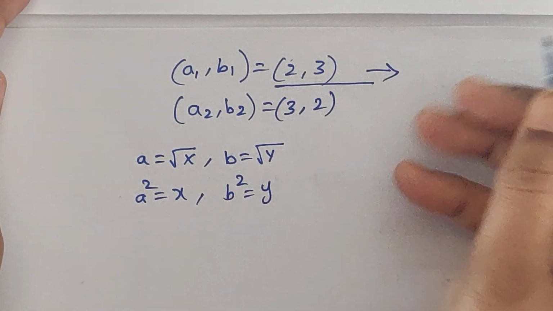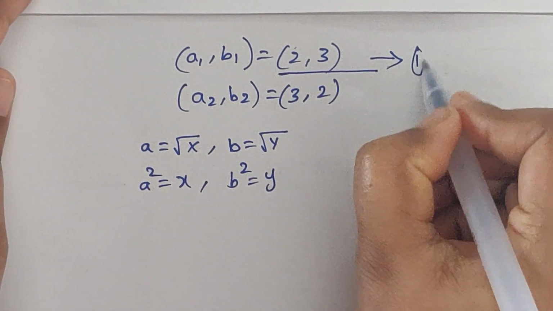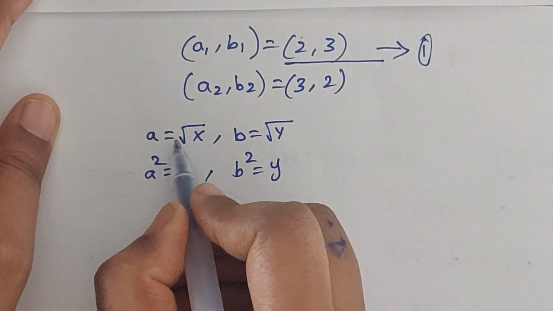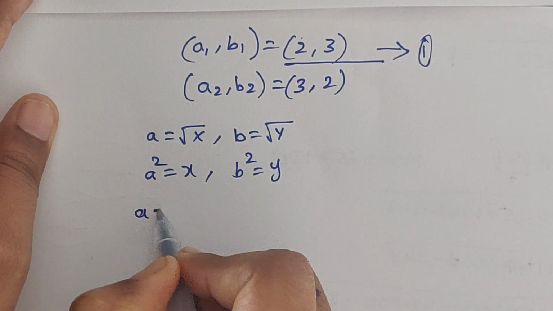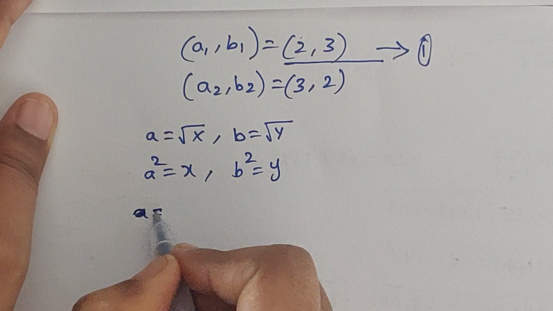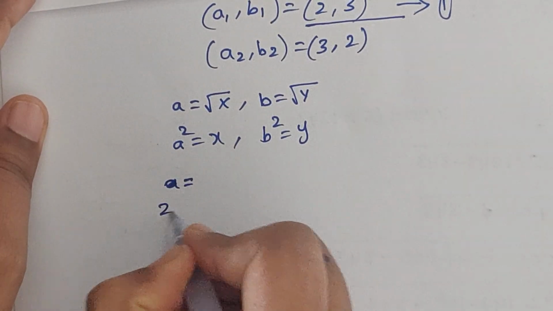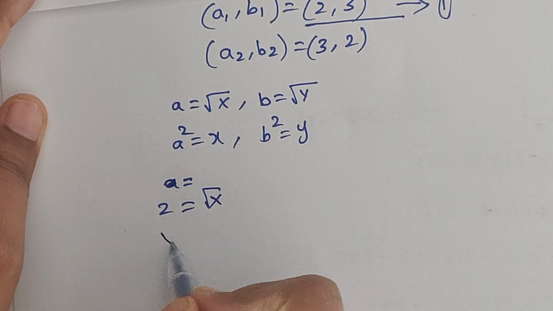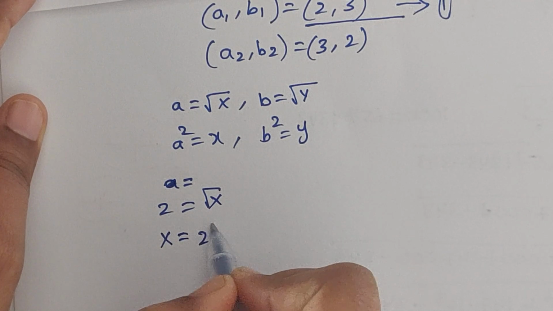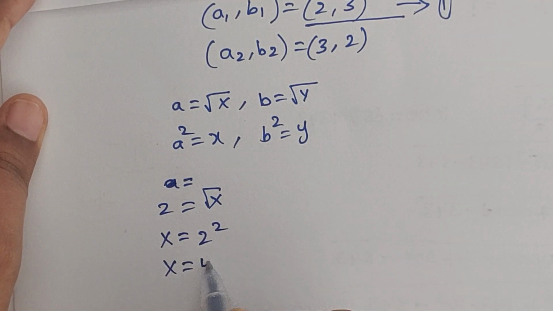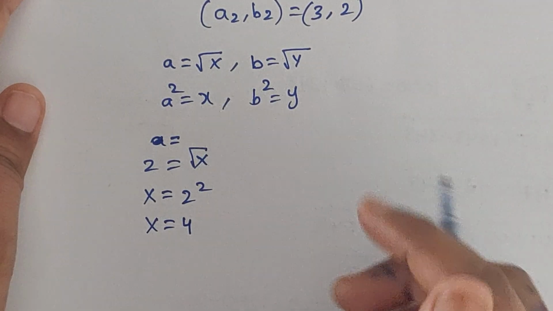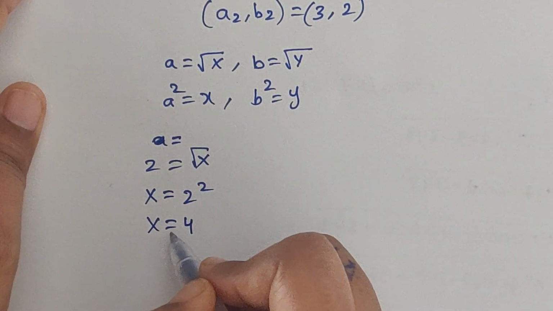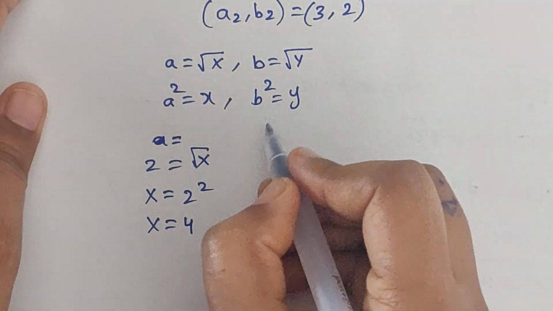Okay, a value is 2, so 2 equals square root of x, so it means x equals 2 square, so x equals 4.